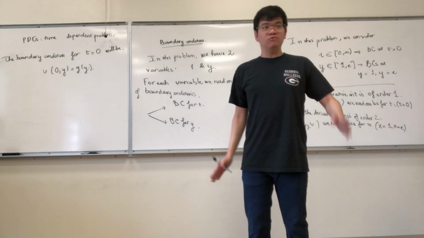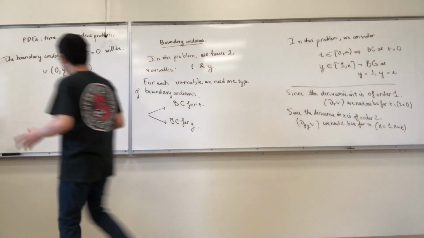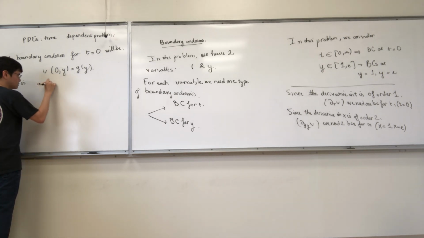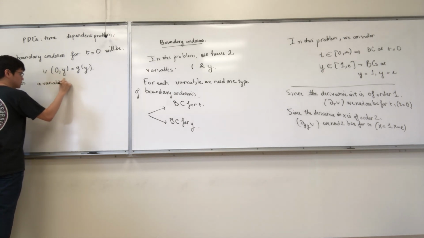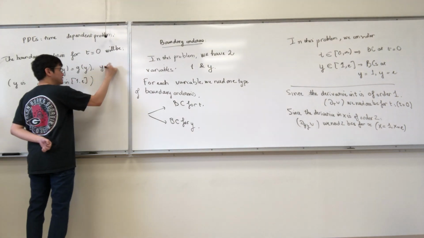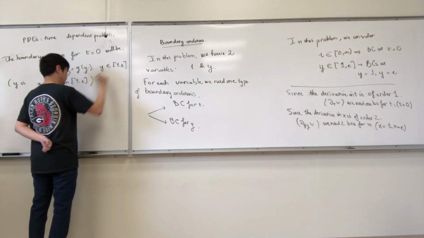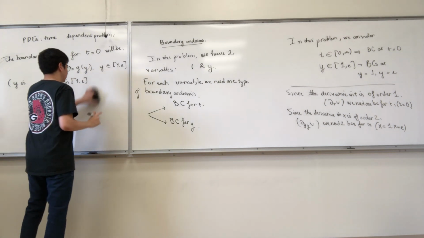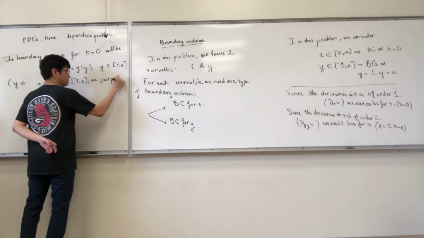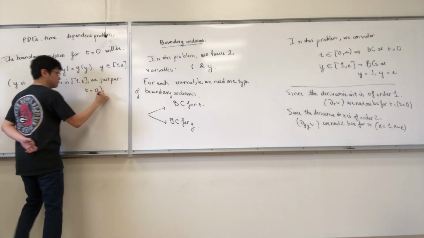It's clear? Because y is still a variable, y is in 1 to e. We just put t to be 0.